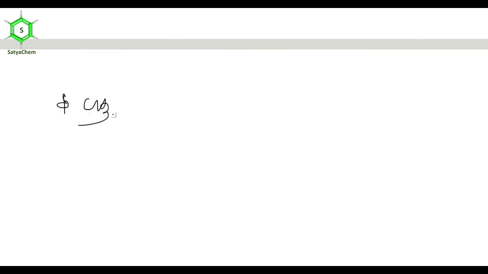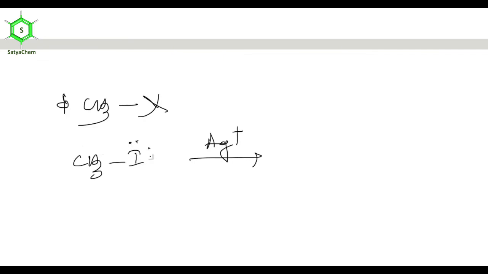CH3X, and I'm considering X is iodine. CH3I means methyl iodide, with Ag plus. Iodine is a very large atom, and on iodine there are 3 lone pairs. Iodine is larger than bromine, so iodine is a very large atom.